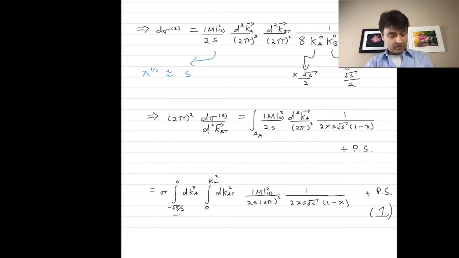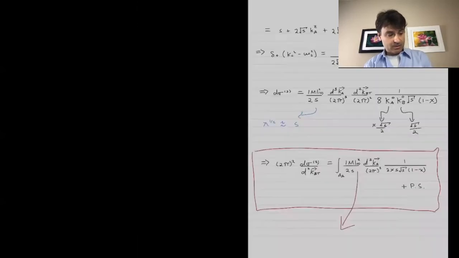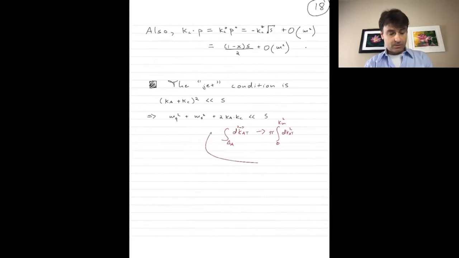So we have to restrict it to negative root s over 2 to 0. That corresponds to x lying between the range of 0 and 1, which is what we said was absolutely necessary to even begin to consider this to be a jet. And we need to consider the range of k_a_t squared restricted to be between 0 and what we called k_m squared.